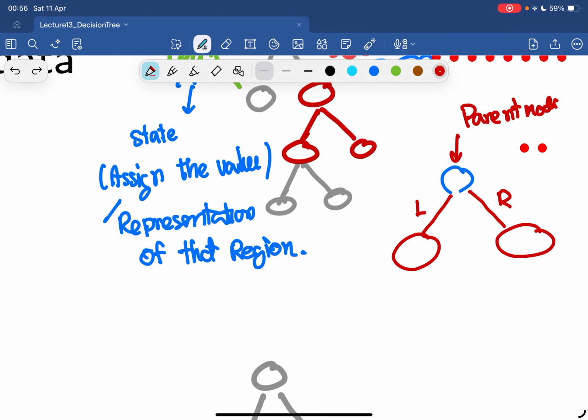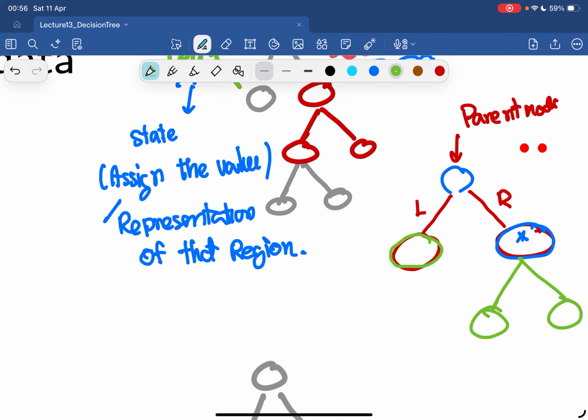And the child node can then become a new parent if it turns out that you still have to make a decision. Or a child could turn out to be just a leaf node if there's no further decision needed. It depends whether or not the left child would turn into a decision node to be another parent, and then we'll have a child again. We'll just further split like that.